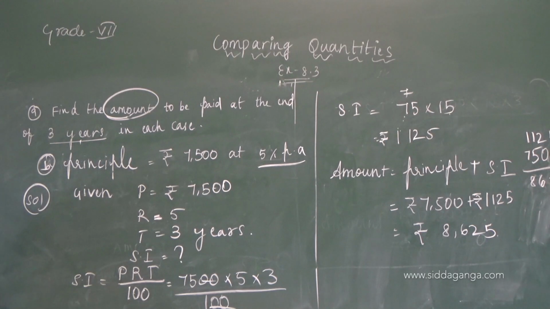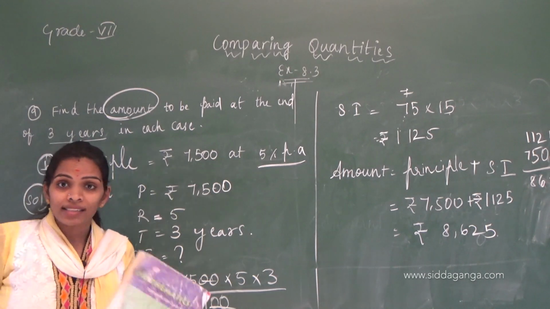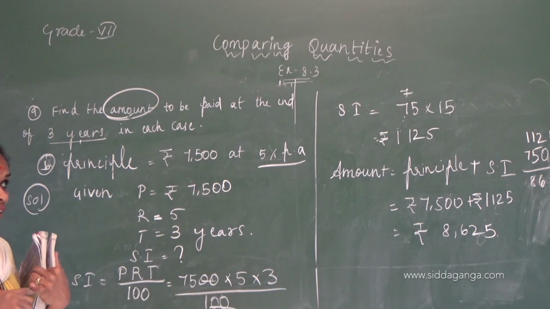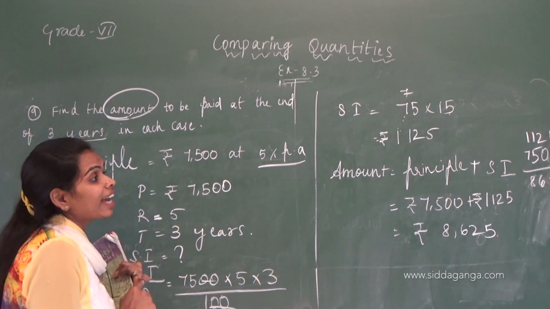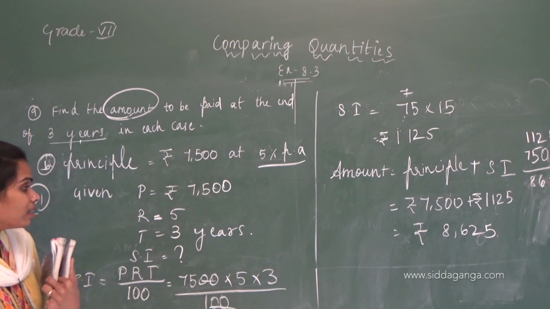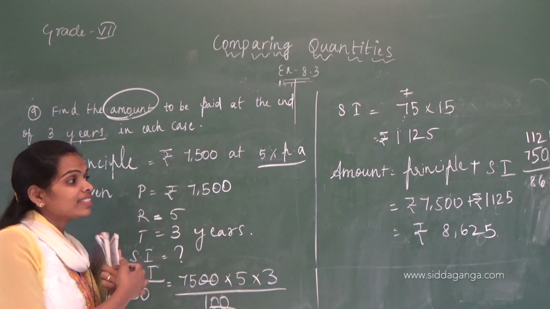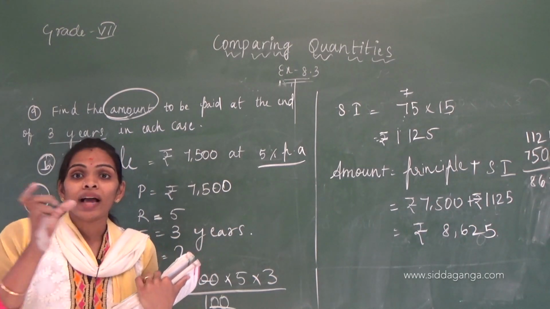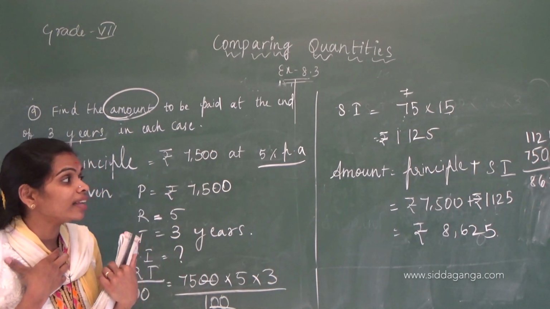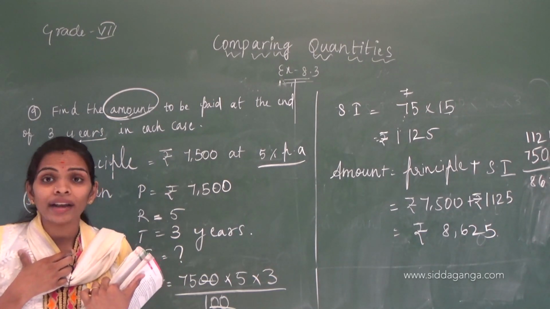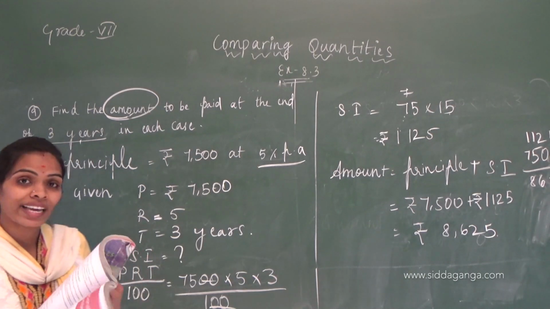Then, to find the amount, we should get the idea that we need to find SI first. First we find SI and then the amount. How do we find the amount? Principal plus SI. Principal is 7,500, SI is 1,125. If you add principal and SI, we get the answer, that is the amount. What is the amount? 8,625. Okay, next question.